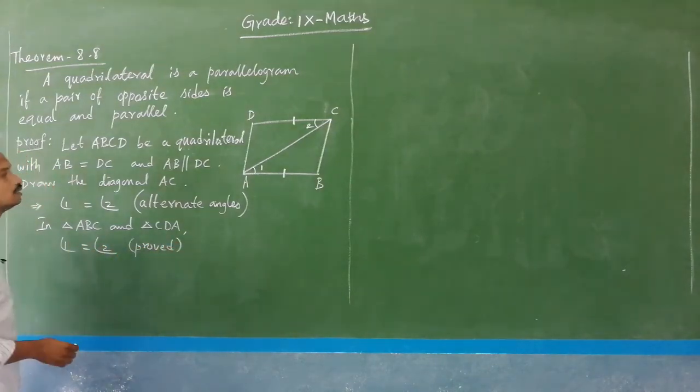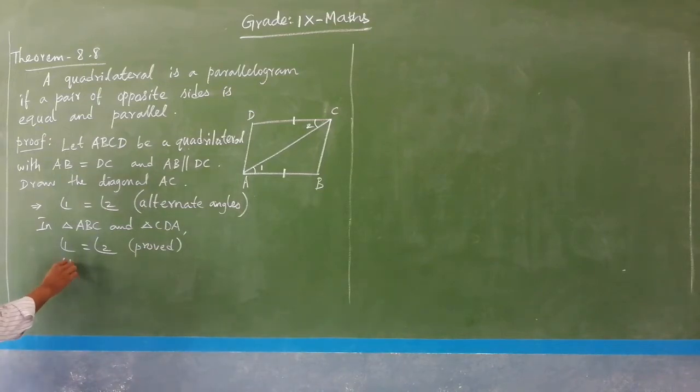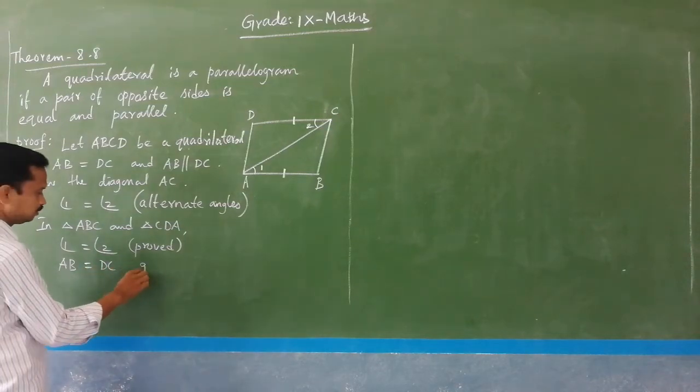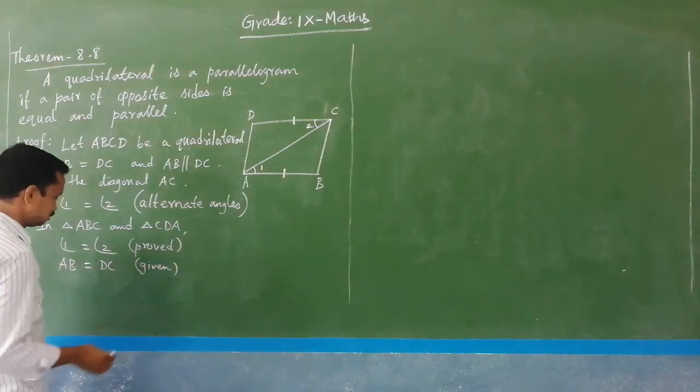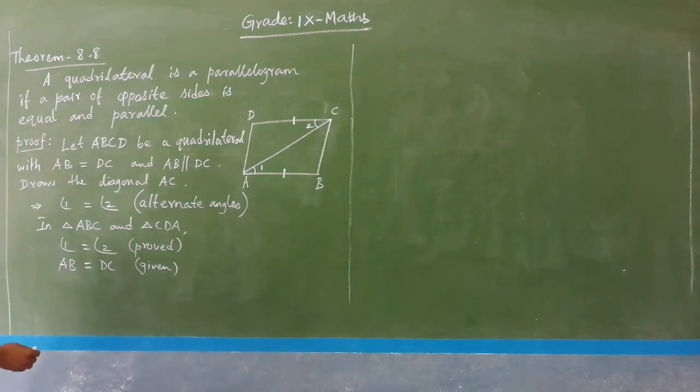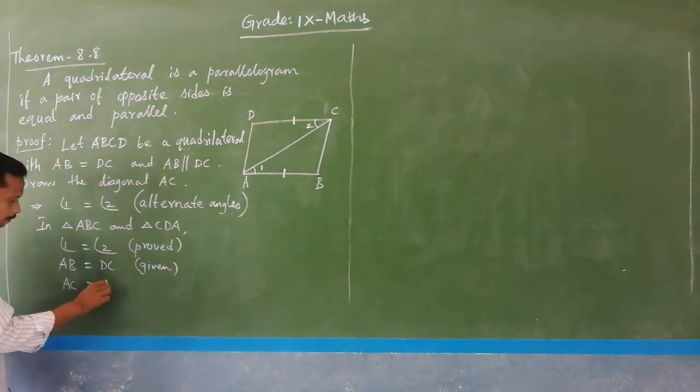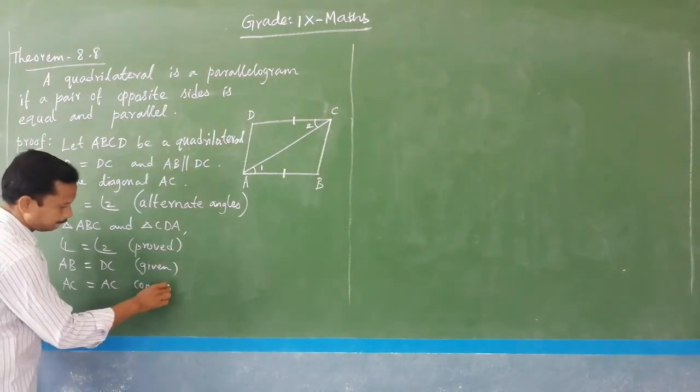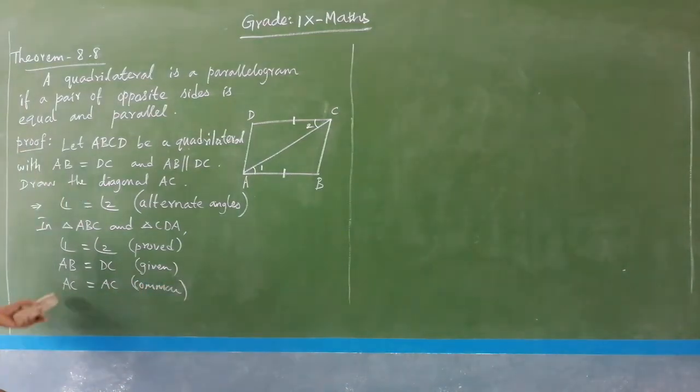And then side AB and DC are equal, AB from triangle ABC and DC from triangle CDA, given. And AC is the common side. So now two pairs of sides and one pair of angles, we can use the SAS congruence rule.